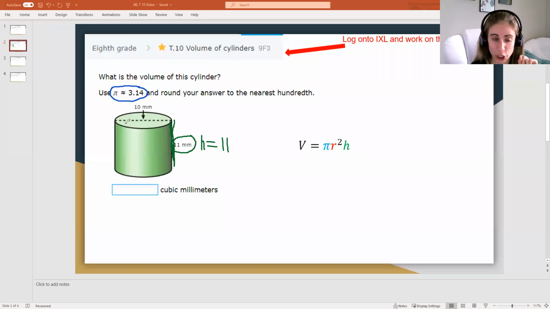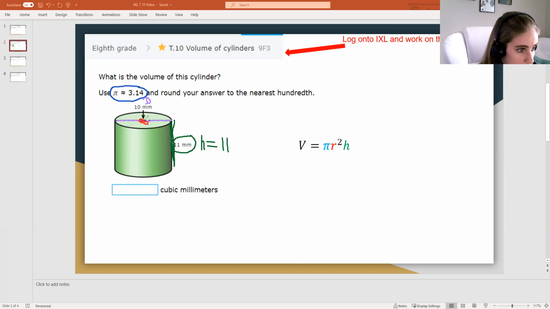Your diameter, and I'll do that in purple since we're not using that color, is what goes from edge to edge of a circle. The radius goes from the center to the edge. Let's trace over that in red.